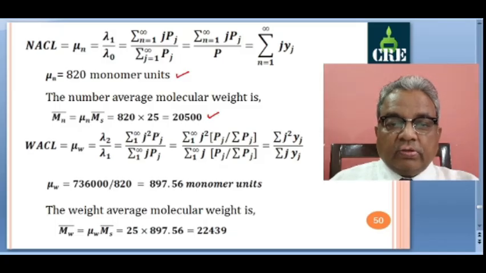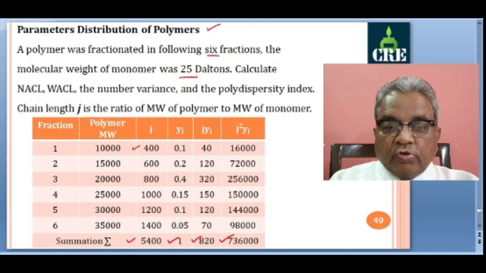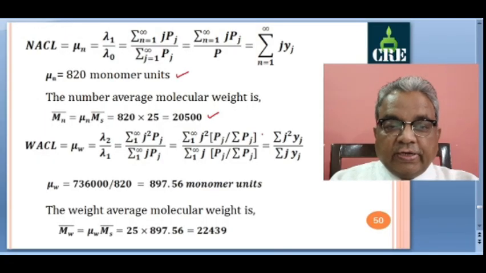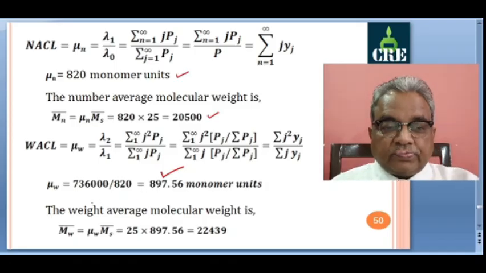Similarly, the weight average chain length, mu w, is lambda 2 by lambda 1. This we have seen. Lambda 2 by lambda 1 is the summation of J square Yj divided by the summation of Jyj. The summation of J square Yj we know is 736,000 and Jyj is 820. So this ratio comes out to be 897.56 monomer units.